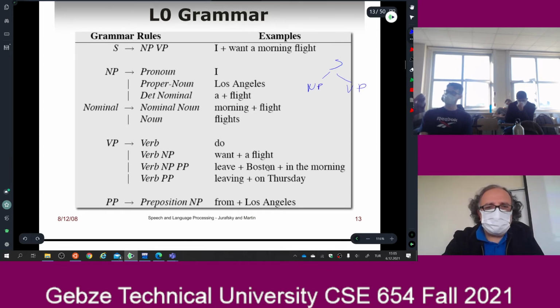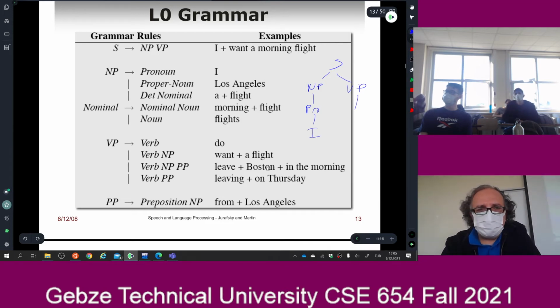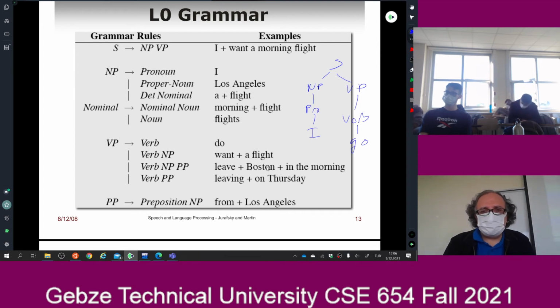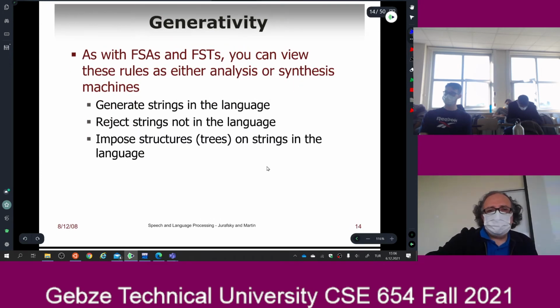For the noun phrase, I am going to use a pronoun, and for the pronoun, I will say I. For the verb phrase, I will use a verb, and from the verb I just say go. I go. Just a simple sentence, but I generated a sentence. Using these kinds of derivations, you can generate sentences that are acceptable in English.